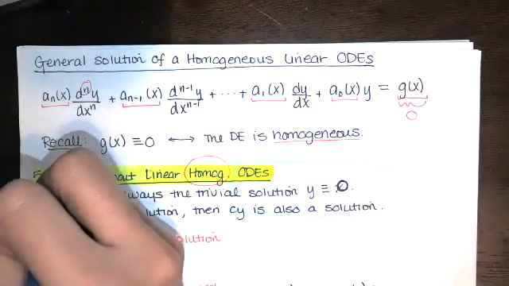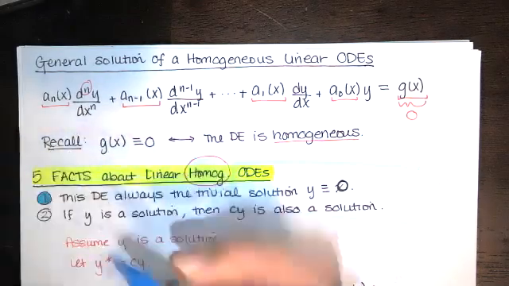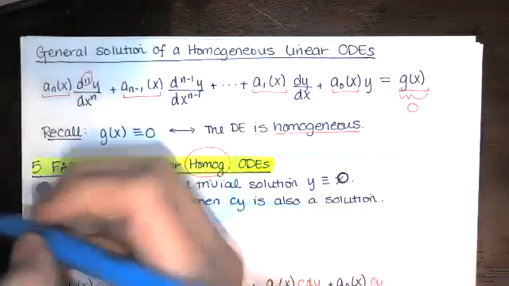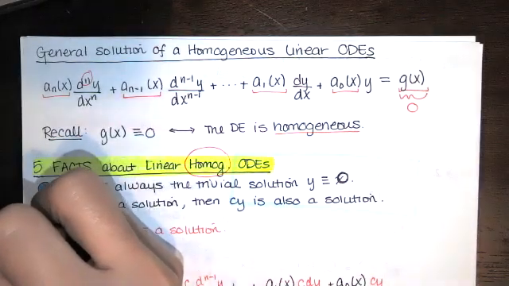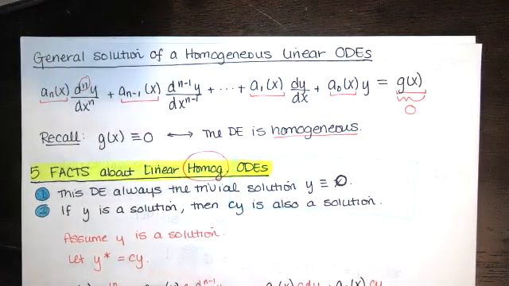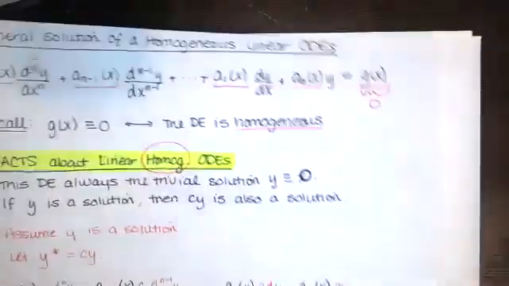The first is that the DE always has the trivial solution, y equals 0. And the second fact is that if y is a solution, then a constant times y is also a solution. Now here's another one that might be surprising.